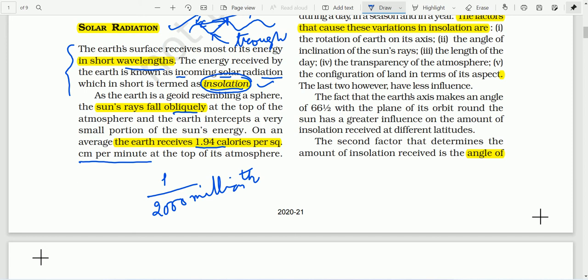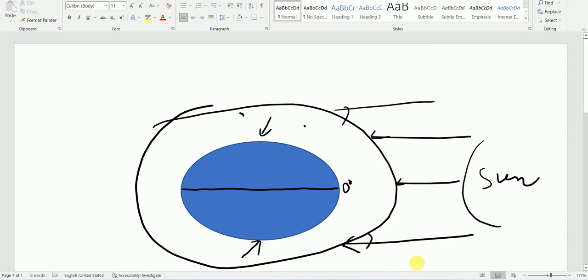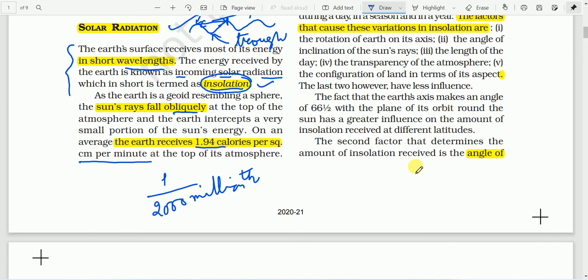Let us say this is the top of the atmosphere, and the energy received here is only 1.94 calories per square centimeter per minute. And this is what we call the solar constant.